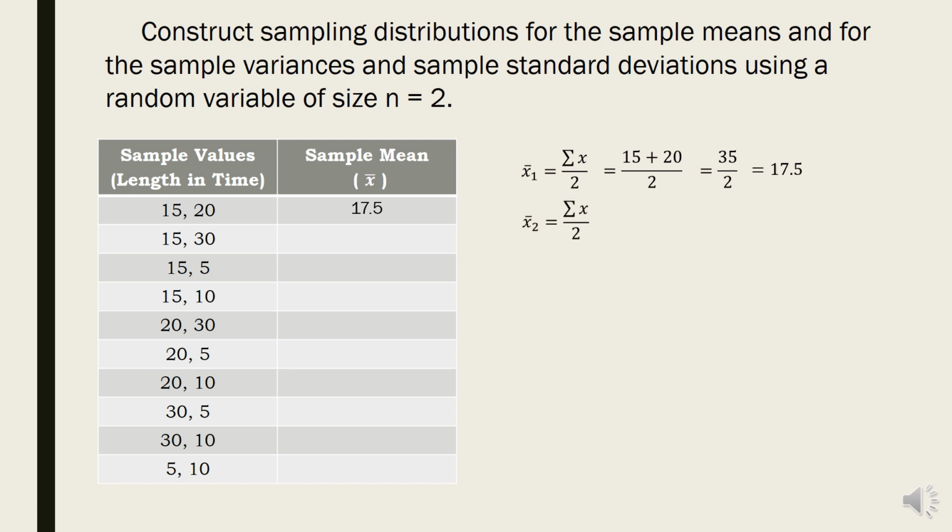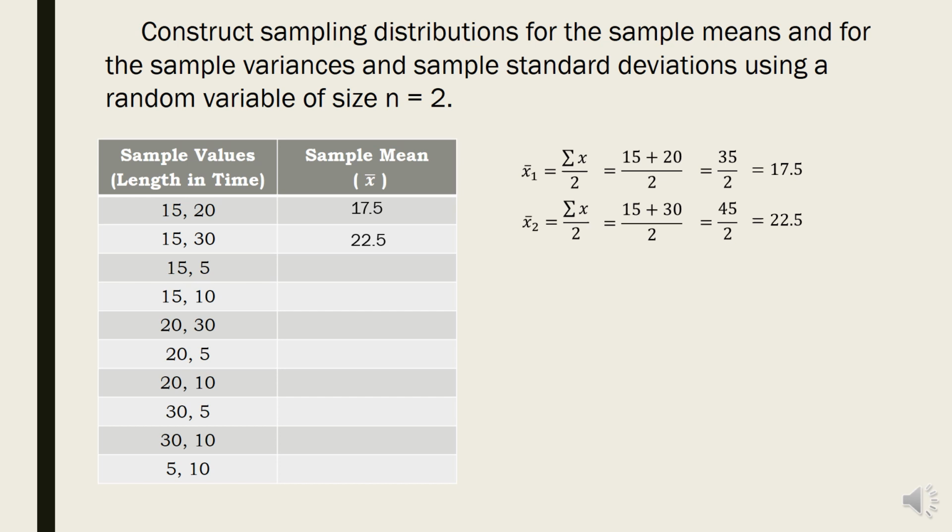Second, we have the summation of x over 2, which is 15 and 30. So we have 15 plus 30 over 2, or 45 over 2, and the result is 22.5. And that is the sample mean of the second set of sample values.